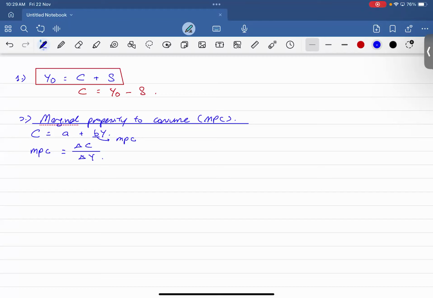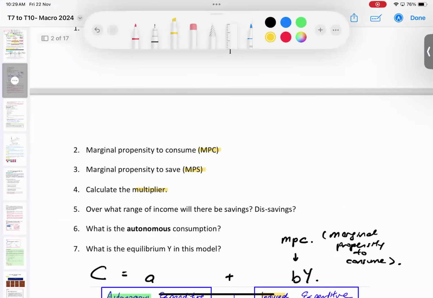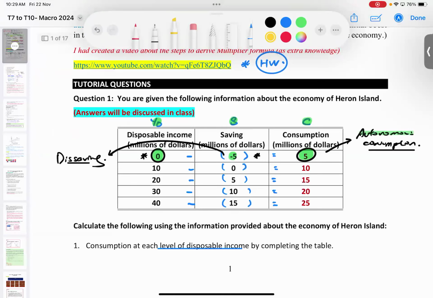So how do you find the change? You take the new one minus the old one. For example, looking at this table, we take the new consumption of 10 minus the old one, which is 5, divided by 10 minus 0. You can take any figures.